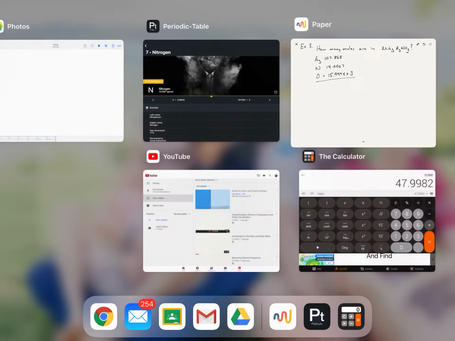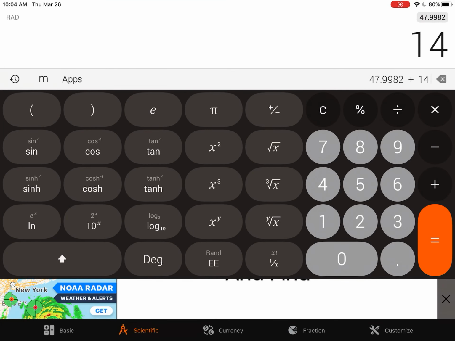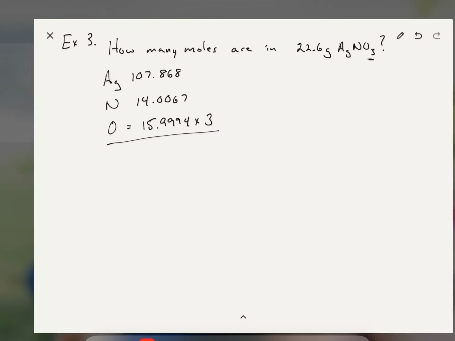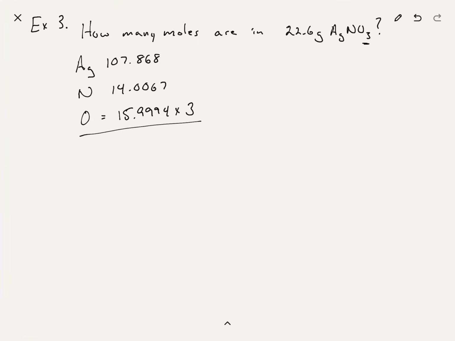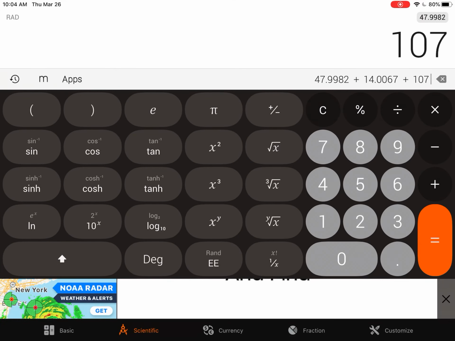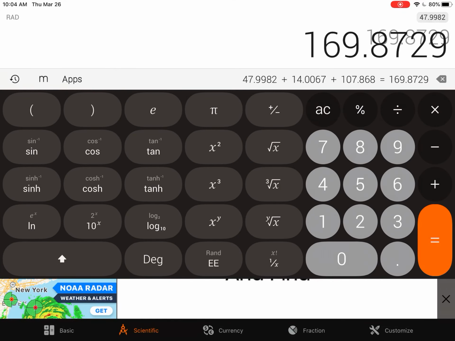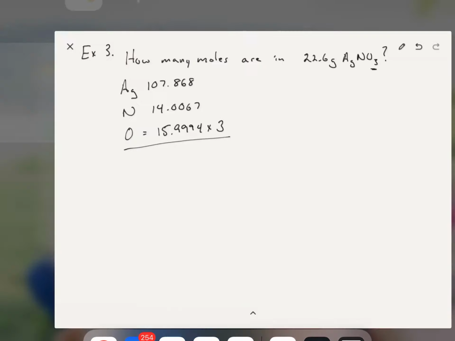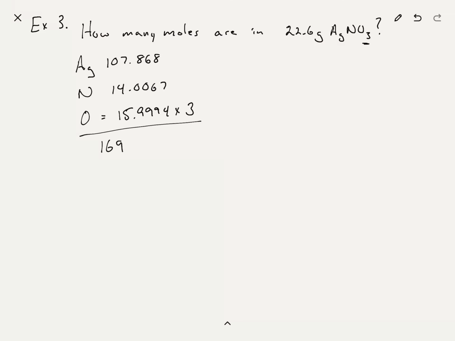So 14.0067 plus 107.868. And our molar mass of silver nitrate is 169.8729 grams per mole.